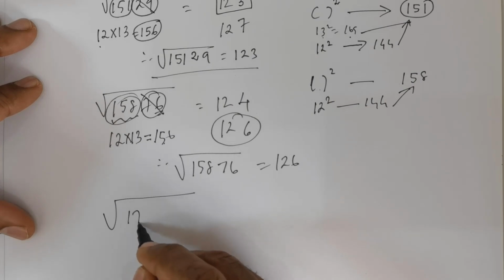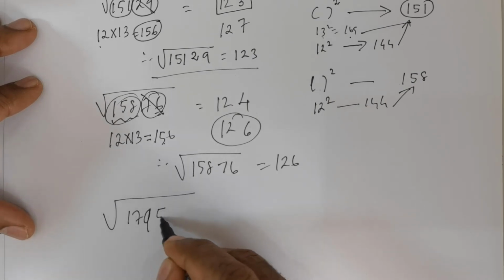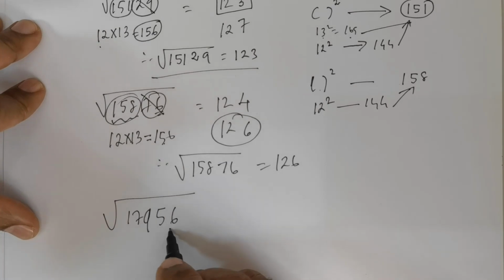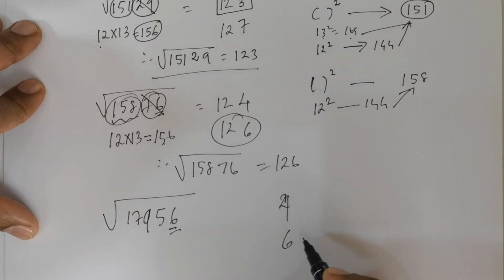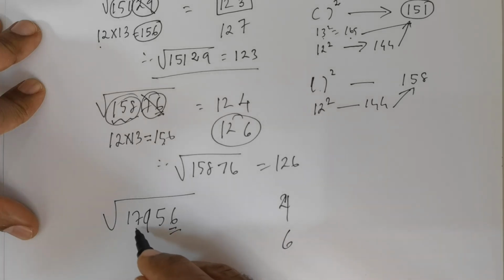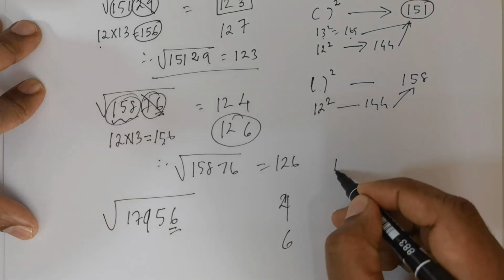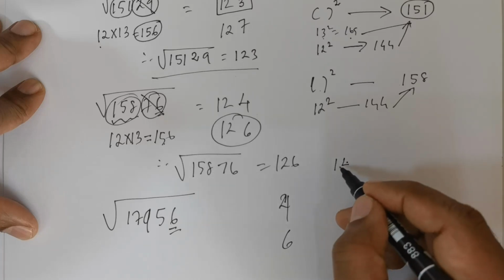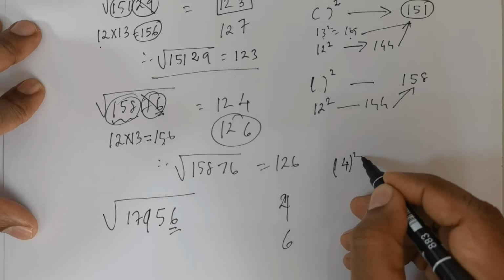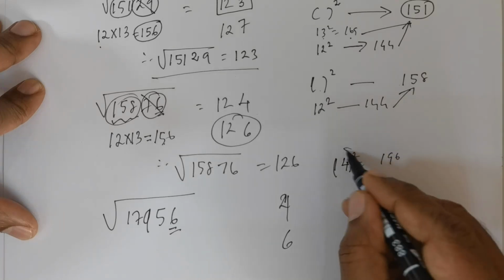This is the last question, 179 and 56. As I mentioned to you, this is produced either by squaring a 4 or squaring a 6. Now 179. What number can produce 179? Square of what number? So 14 squared produces me 196. I don't need this.